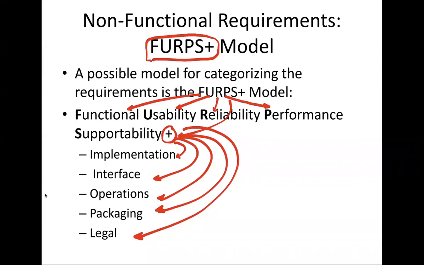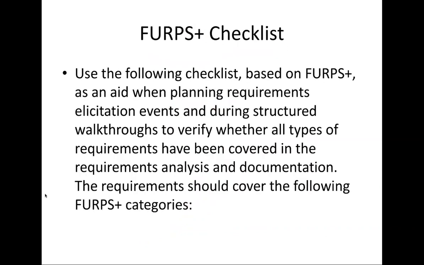We use the FURPS model, which is commonly used to classify non-functional requirements. In order to classify requirements based on the FURPS model, there is a checklist that you have to guarantee is completed before you finalize the classification model. You have to use the following checklist when planning requirements elicitation events, and even during structured walkthroughs, to verify whether all types of requirements have been covered in the requirements analysis and documentation.